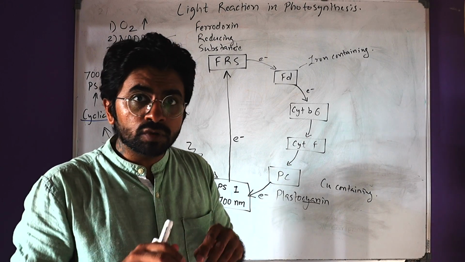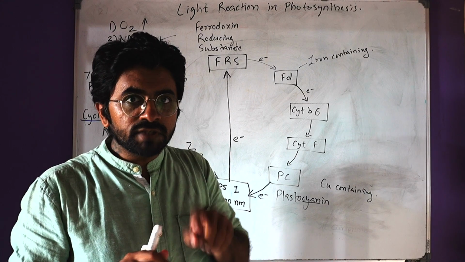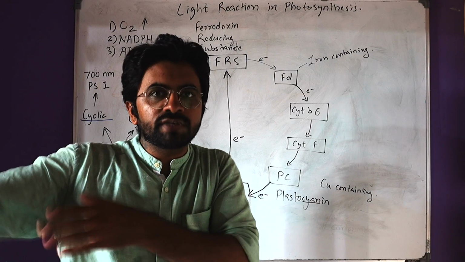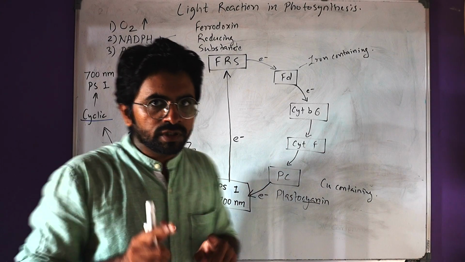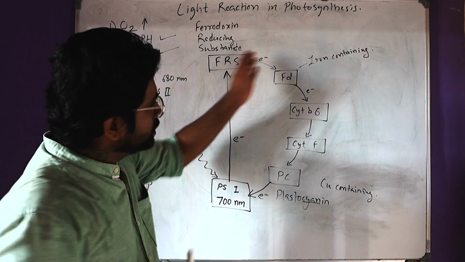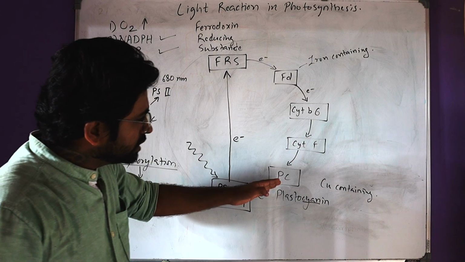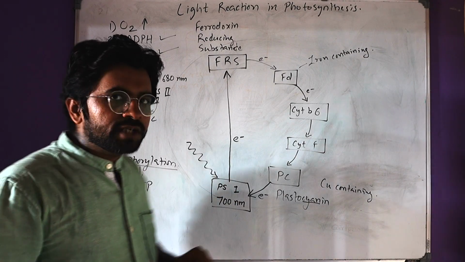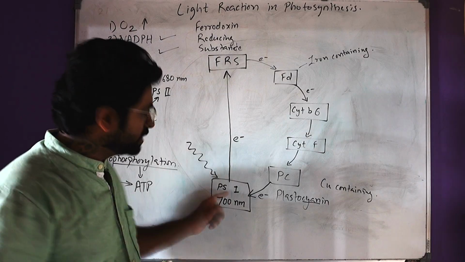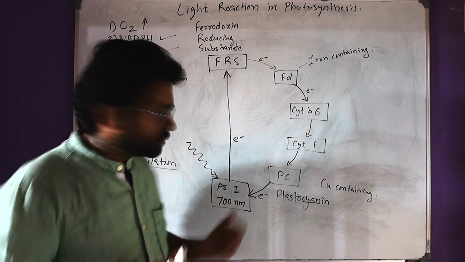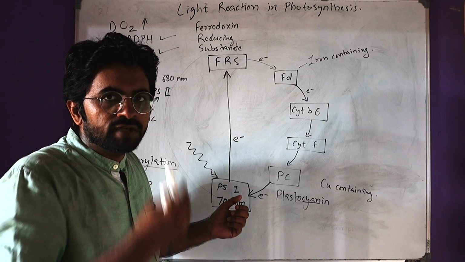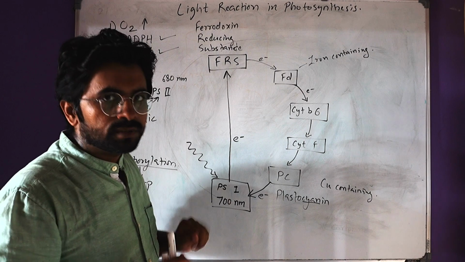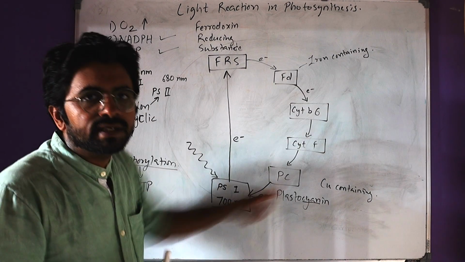So even if the electron is energy deficient, it will still be pulled by the next and next protein because they are showing affinity towards electron. That's how the electron travels. When that energy deficient electron comes to the photosystem, again it receives light and gets energized from ground state to excited state, and it is ejected again. So this is how the cycle runs.